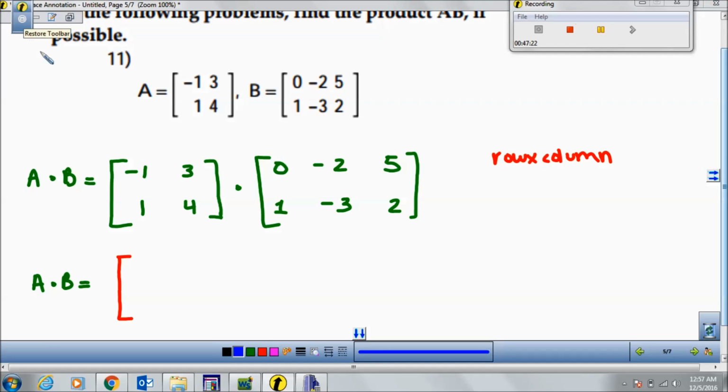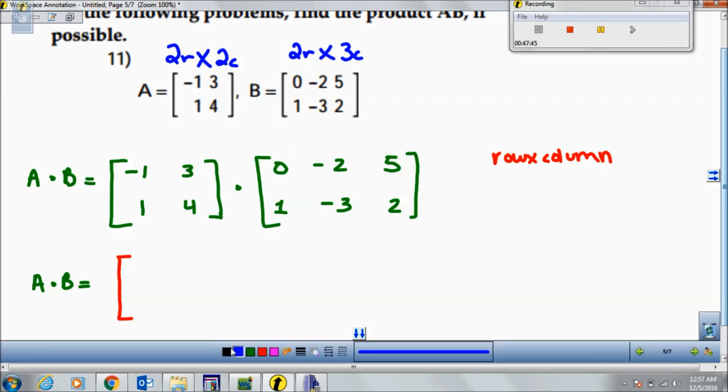We should always check what's the order of each of the matrices. So the first one, it's 2 rows by 2 columns. 2 rows horizontally by 2 columns vertically. This other one has 2 rows, 1, 2, by 1, 2, 3 columns.